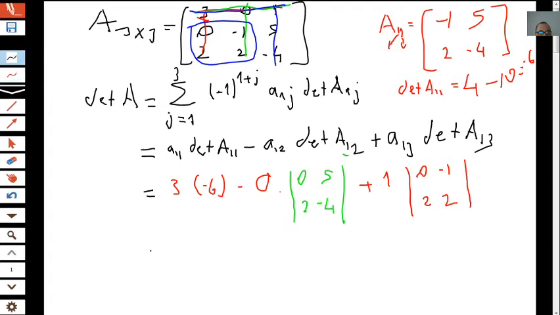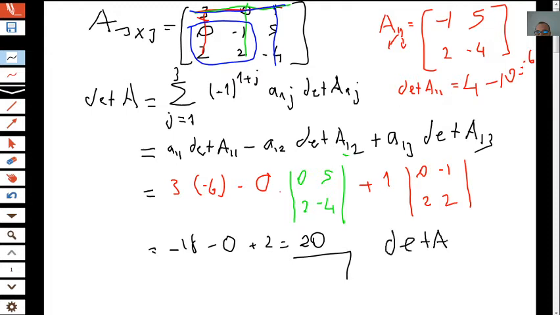And from here it is equal to minus 18. The second one is 0, and the third one is 0 minus minus 2, which becomes plus 2. We obtain 20. This is the determinant of the matrix A, 20.